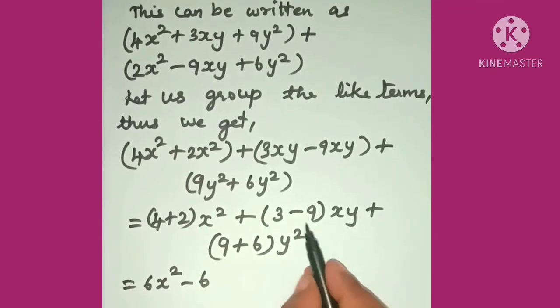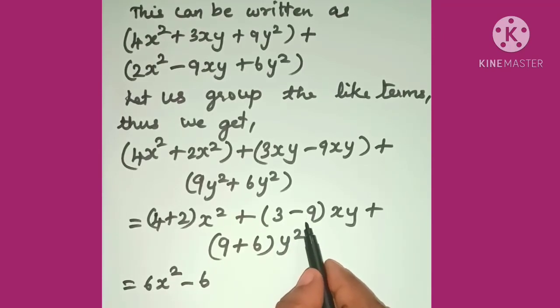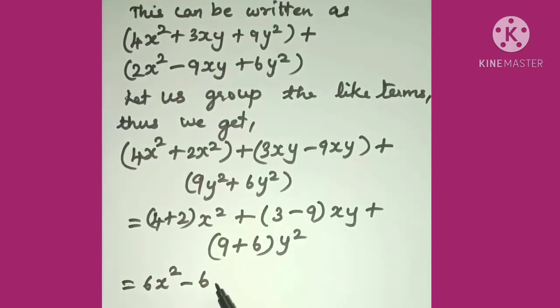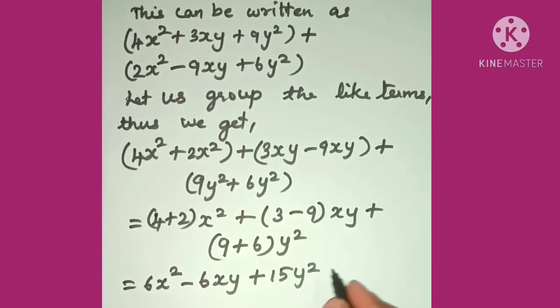So students, we know how to subtract integers: take the difference and put the sign of the larger one. So here the difference is 9 minus 3 is 6 and the sign of the larger one is minus. So minus 6xy, plus 9 plus 6 is 15, 15y square, which is the required expression.